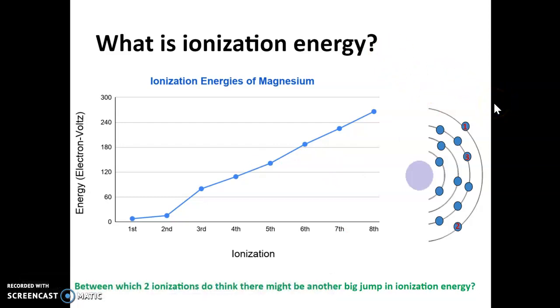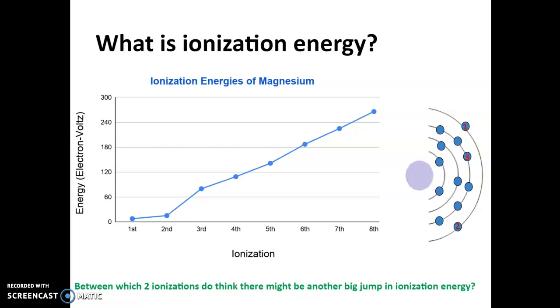So the reason for this is because we've dropped a principal energy level. Our third electron is physically closer to the nucleus, and it experiences less shielding, right? So the nucleus can hold on to it a little stronger.